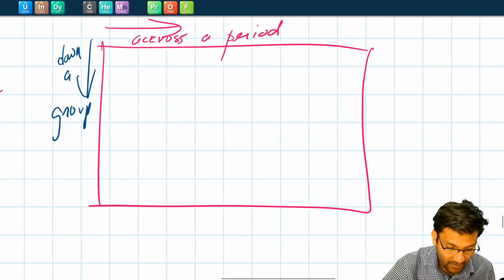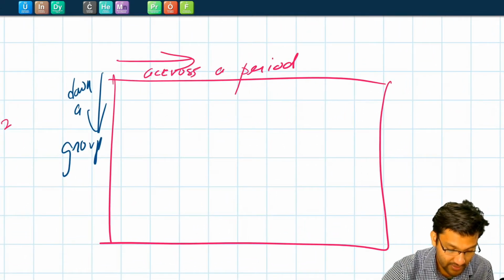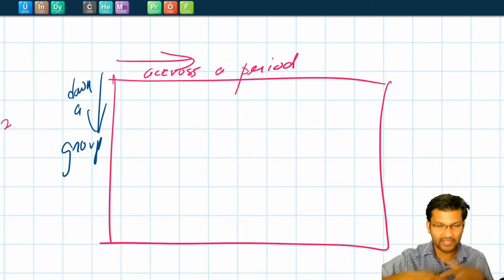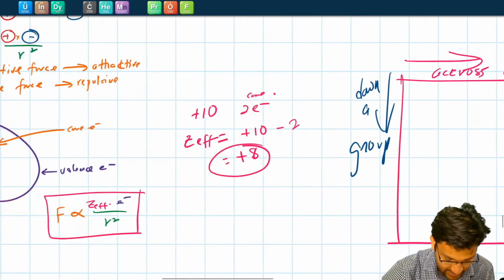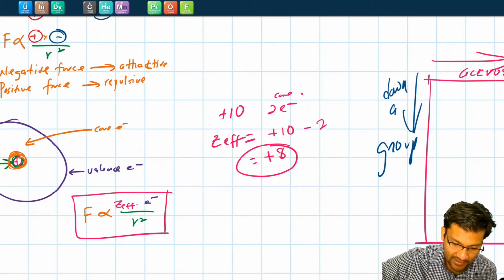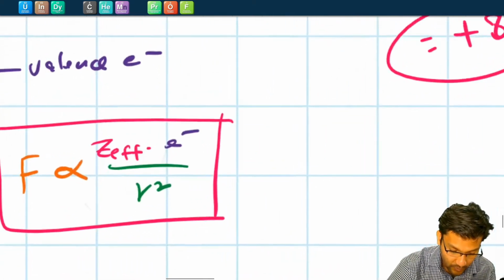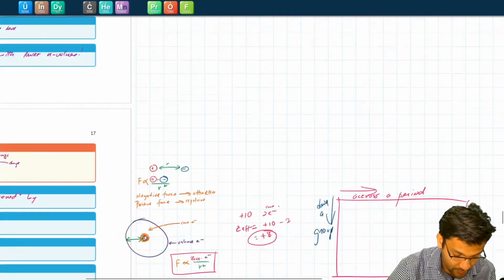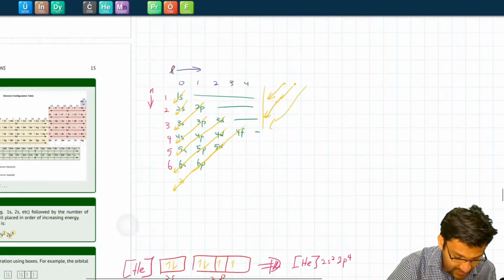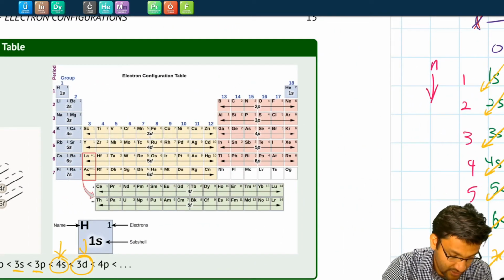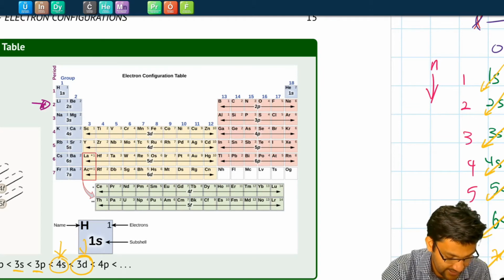But what happens when we go across a period? When we're going across a period, we're not adding more and more layers. We're in the same layer. So the R value stays the same, more or less, as we're going across a period. But what happens to the effective nuclear charge? Let's look at this periodic table here, going across the second period as an example.